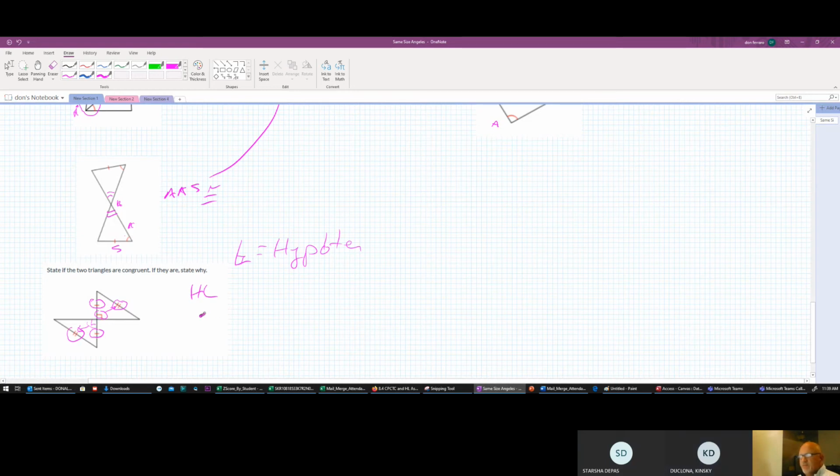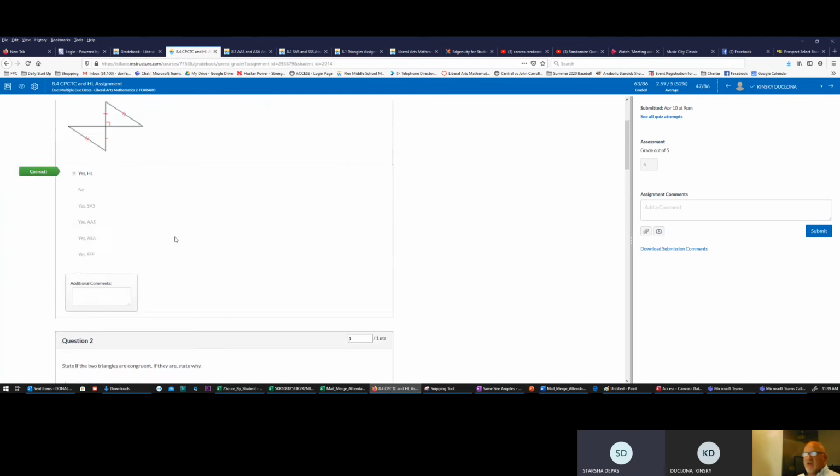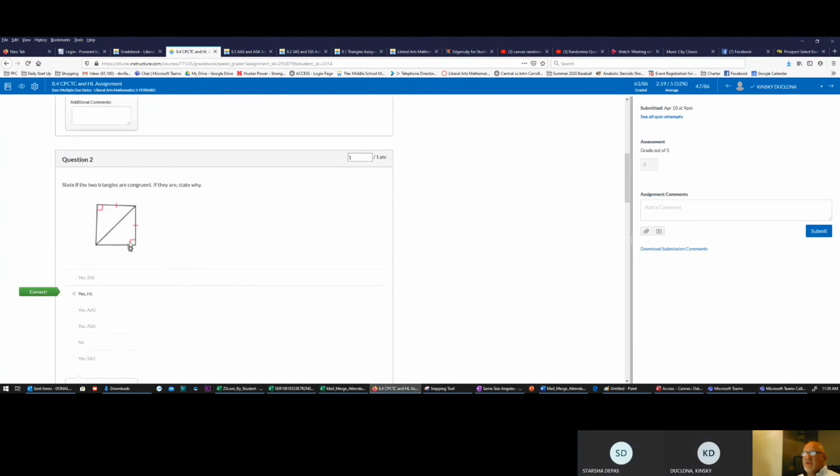What does that mean? They're congruent. So these are the legs. We've got the hypotenuse, a leg, and a right triangle. So hypotenuse leg makes it congruent. And you answered that, hypotenuse leg, it's congruent.